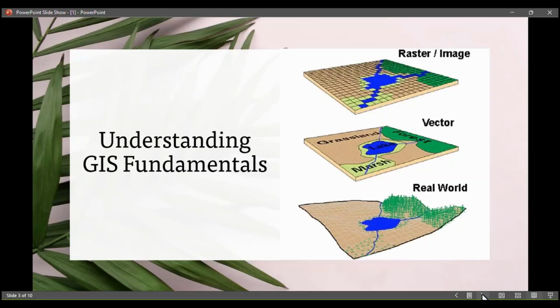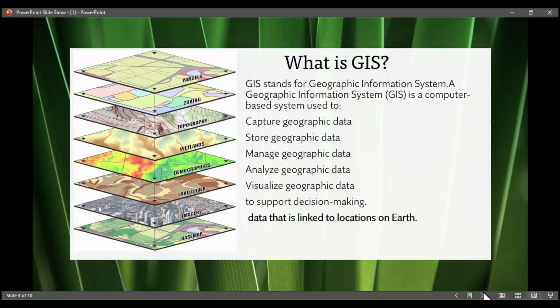So we're going to be understanding the fundamentals of GIS. GIS stands for Geographic Information System. It's a computer-based system used to capture geographic data.